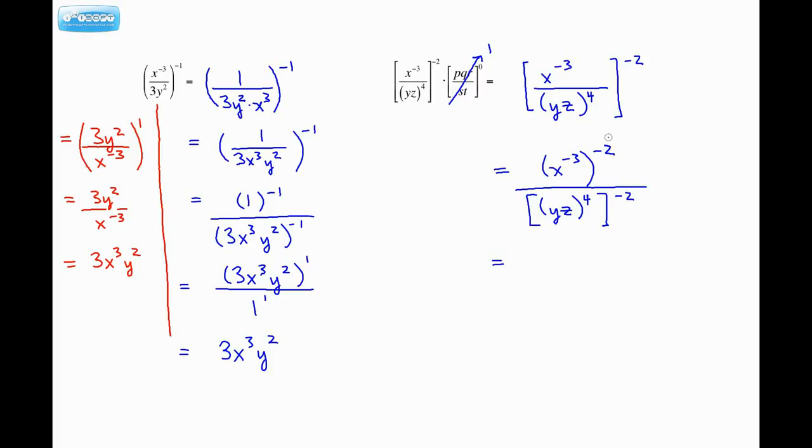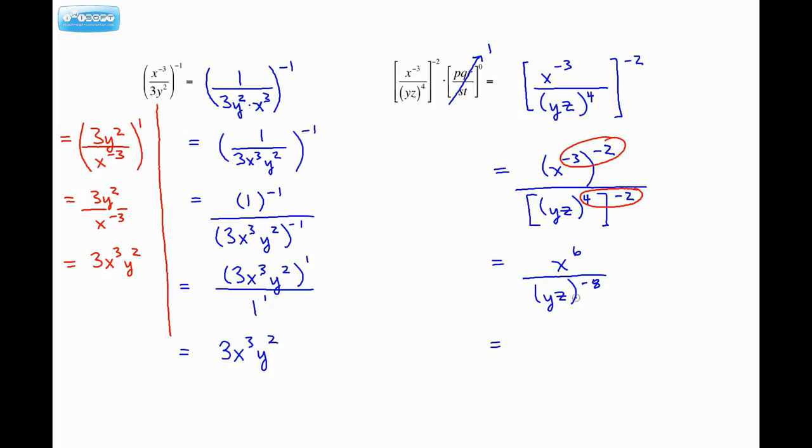But whenever I have a double exponent here, you just multiply, which is what I have there. So this gives me x to the positive 6 divided by yz in brackets to the power of negative 8. There we go.